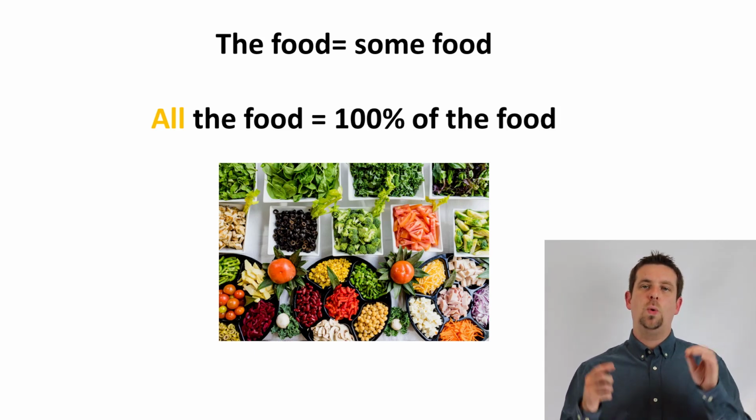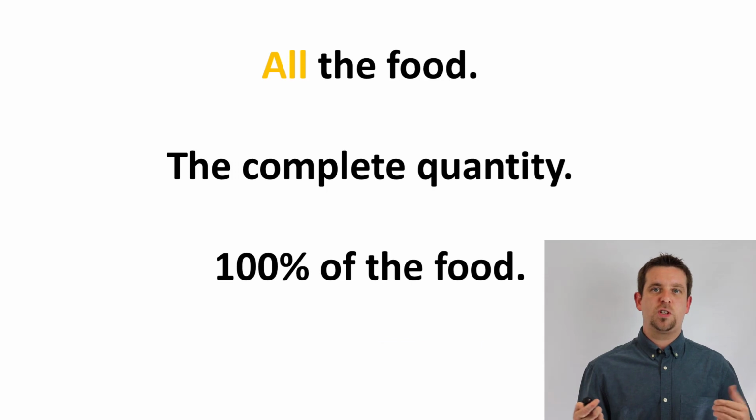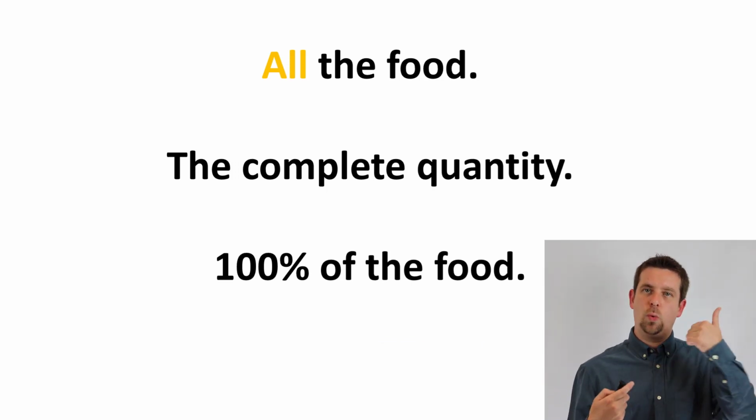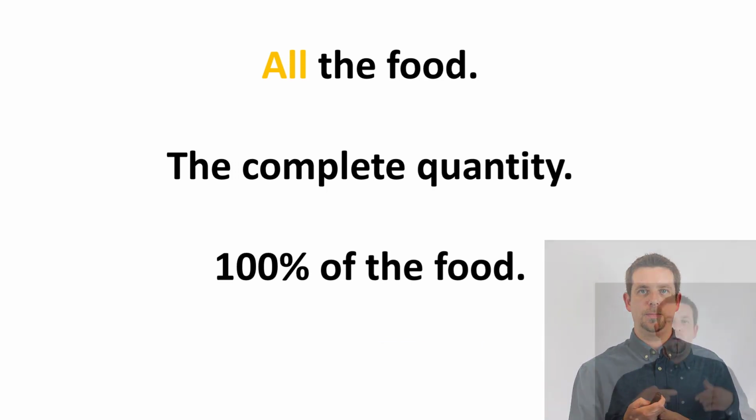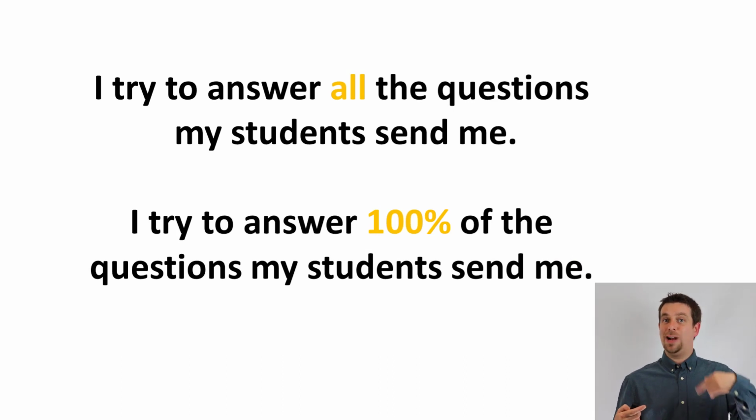All the food talks about the complete quantity. For example, I try to answer all the questions my students send me. I usually answer all the questions. This is the same idea as saying I try to answer 100% of the questions my students send me.